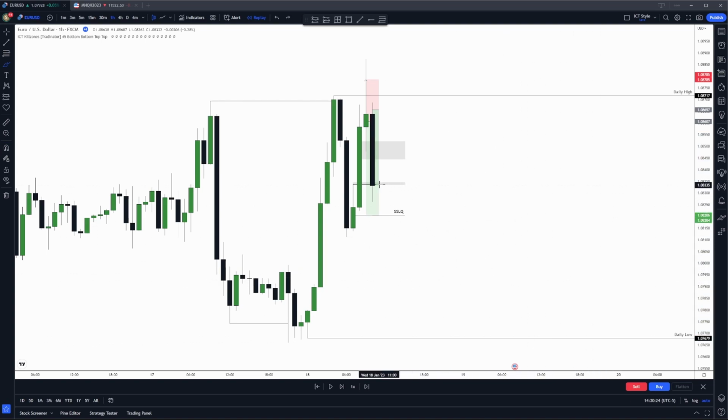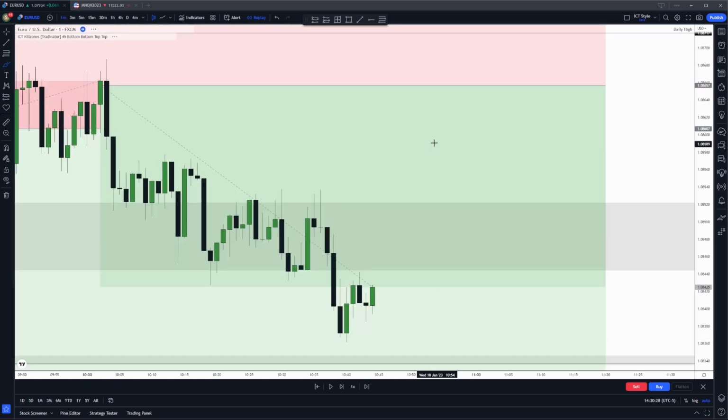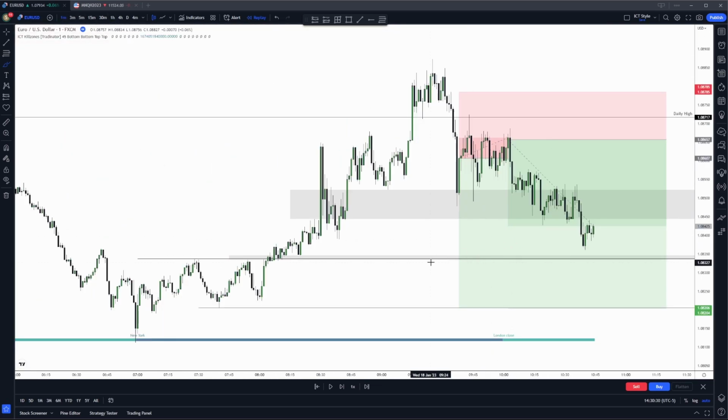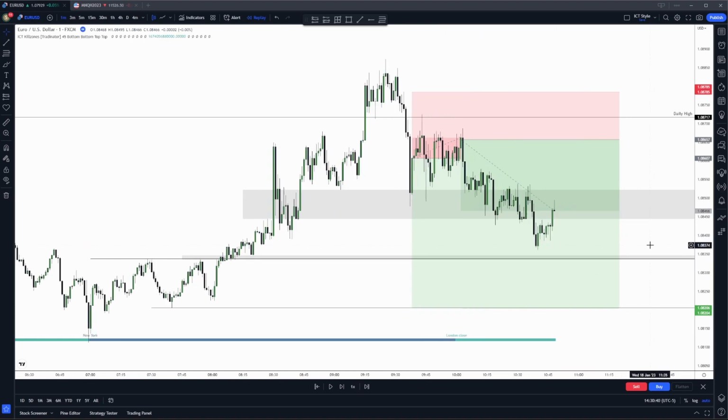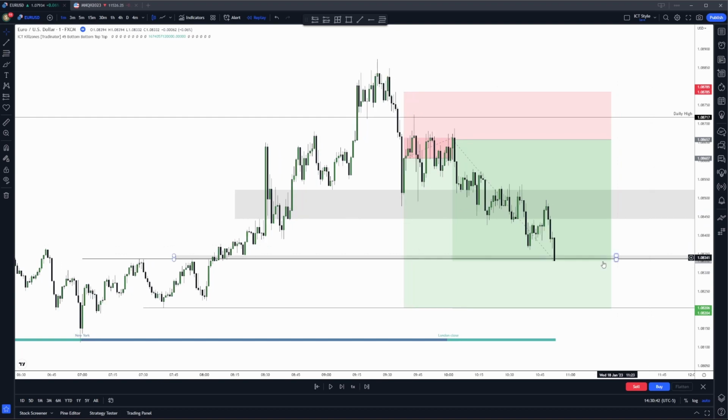So at that point I was thinking, okay, perhaps I should already start taking partials. So that's exactly what I did. So here is the end of that fair value gap. Right here. And as soon as we touch that, I took off 50% of my position. Just like that.